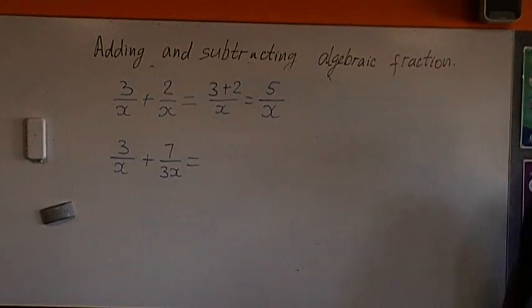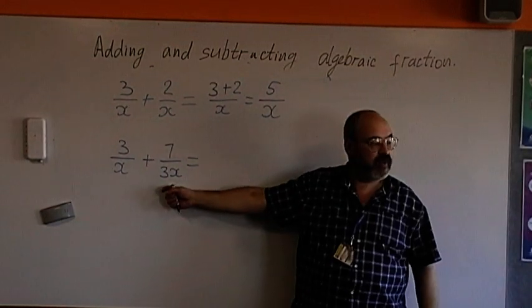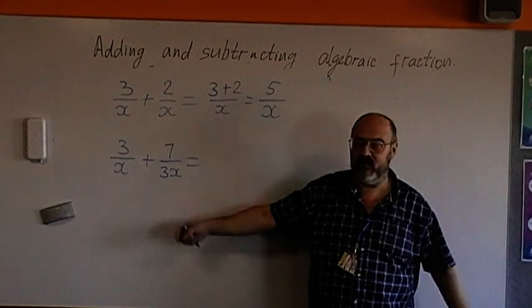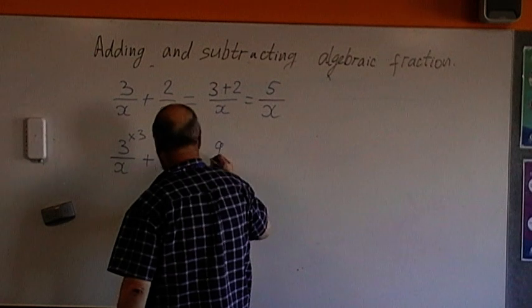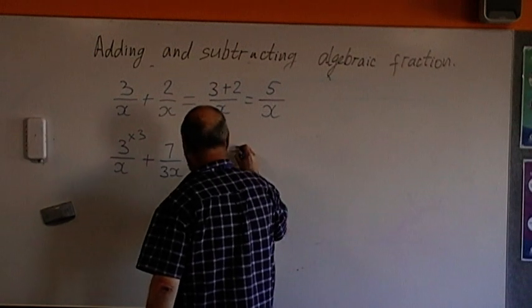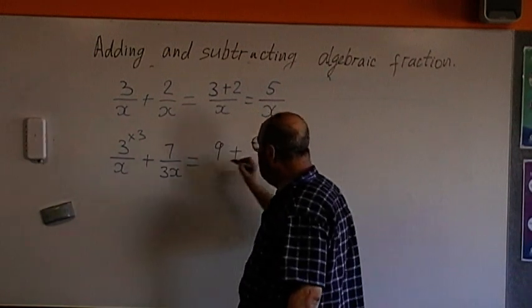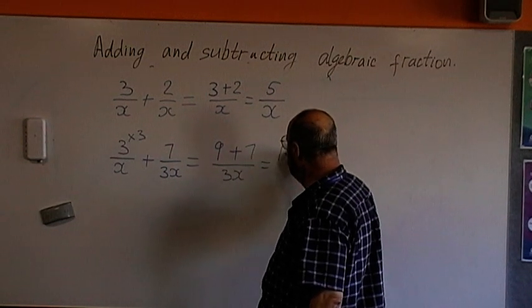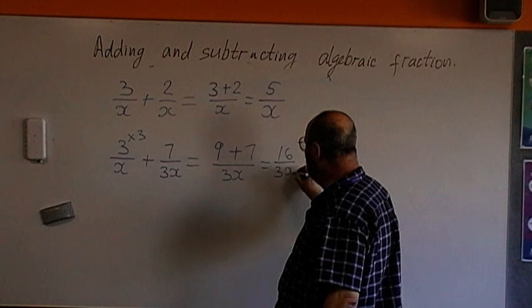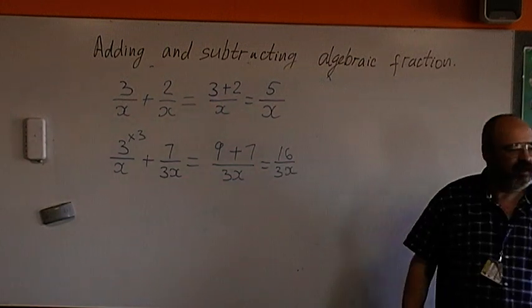Do we need to times this by anything? No, it's already 3x. Here we times this by 3, we get 9 plus 7 over 3x equals 16 over 3x. Make sense?